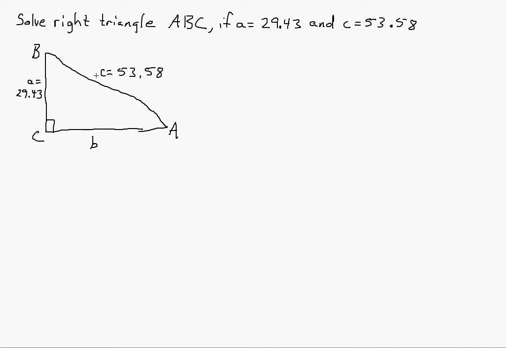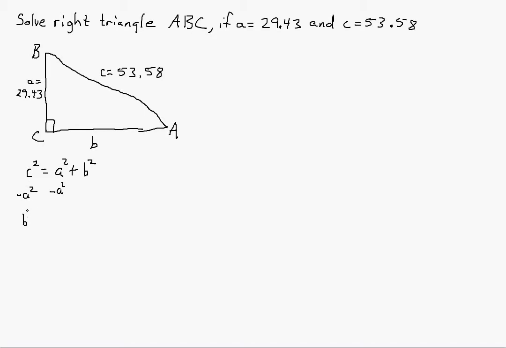To do this, we can use the Pythagorean Theorem. We know that c squared is equal to a squared plus b squared. So let's write that down. We get c squared is equal to a squared plus b squared. Now, since we're solving for side b, we want b by itself, so let's solve this by subtracting a squared from both sides.